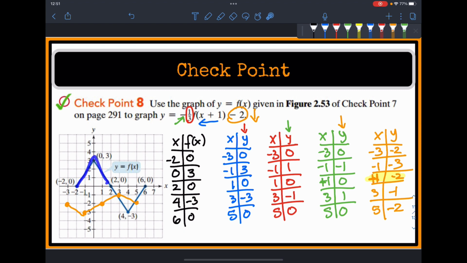The V that was underneath the x-axis is now upside down. And of course, the translations of shifting 1 unit to the left and 2 units down moved it slightly, so it's not lined up directly above or directly below each other.